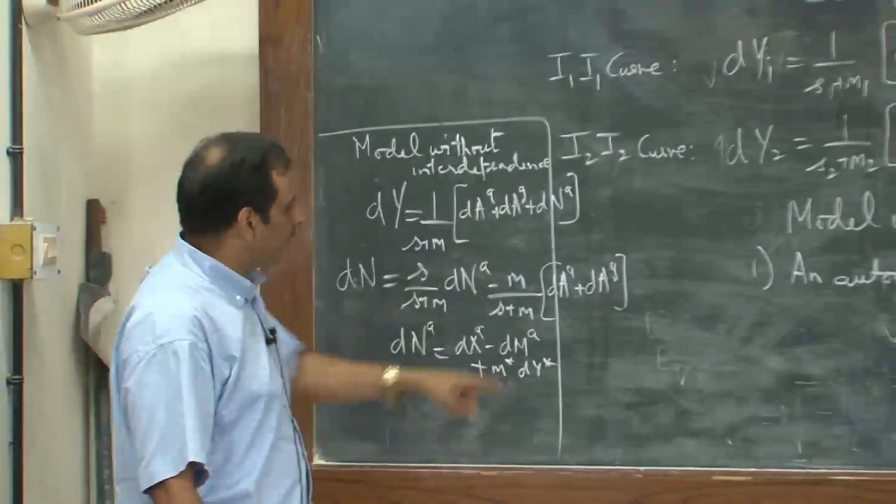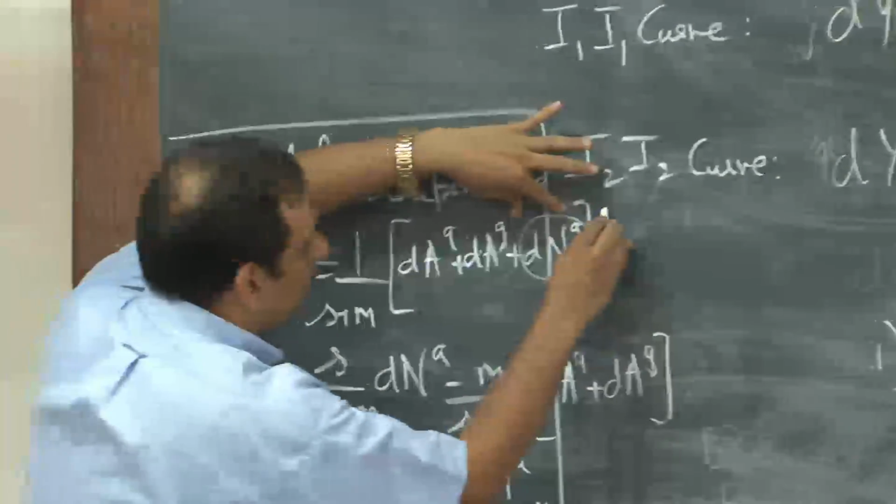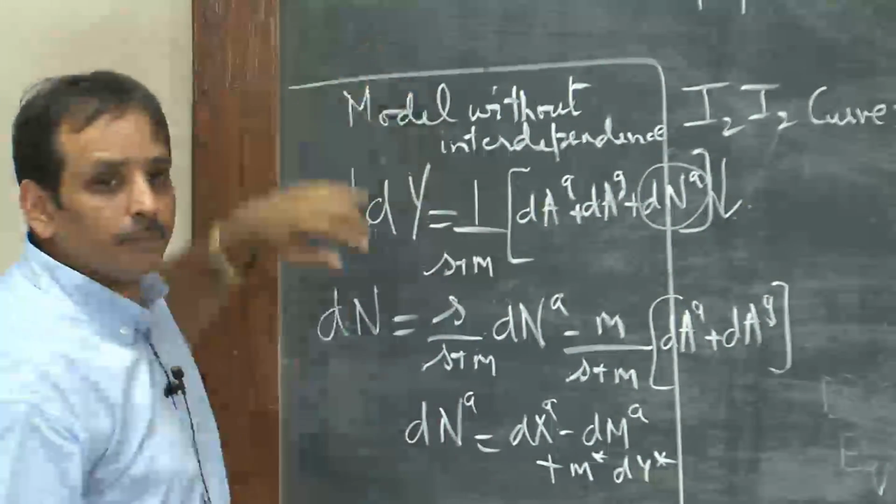He can take care of the increase in incomes if he concentrates on this term, and if this term goes down, it would lead to a decline in income.